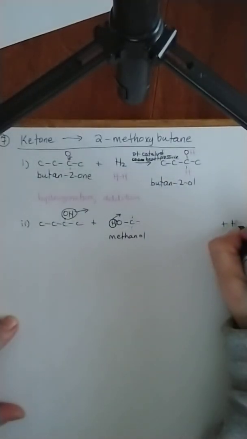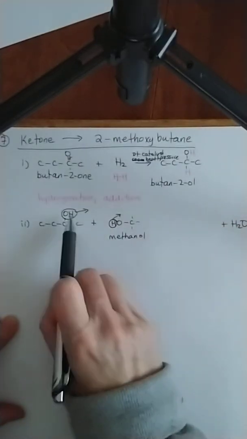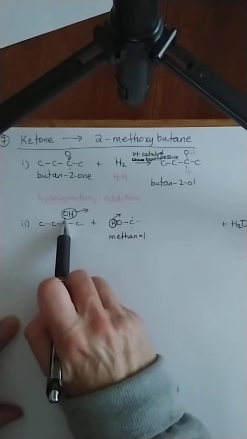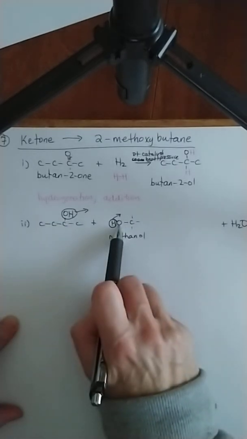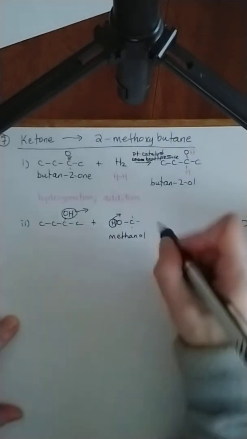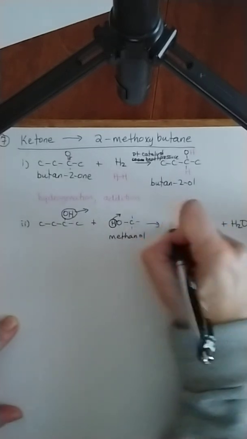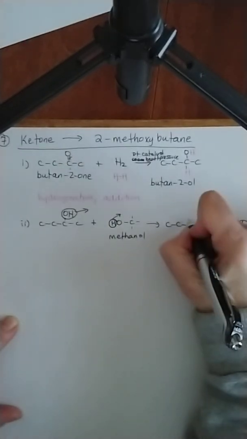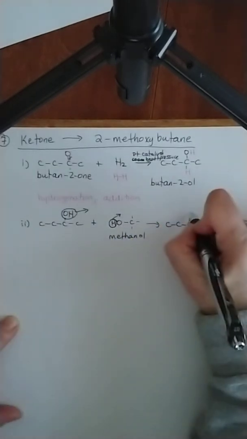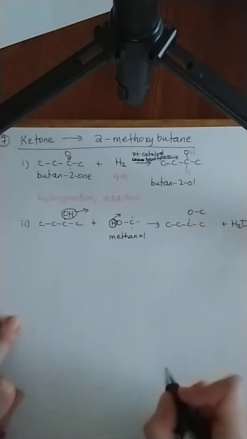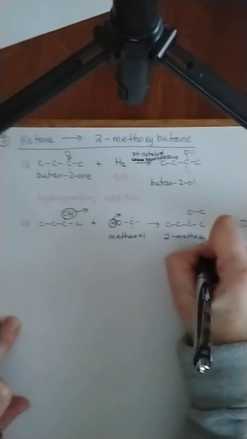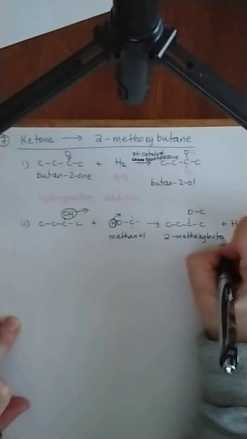So we know we're going to get water on the other side because the H and the OH come together to make water. And what happens now is this open bond is where this O with its open bond connects. So we'll have our 4-carbon parent, and then this here, OC, will connect there. And there's your 2-methoxybutane.